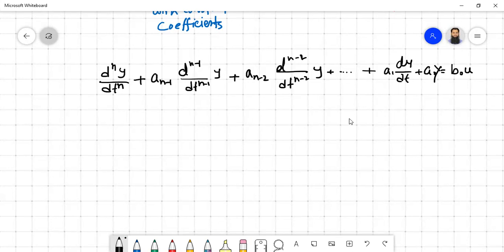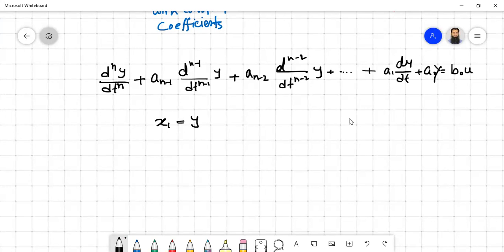So basically what we are going to do is x1 will basically output y. And this particular choice is known as phase variable choice. Okay, and what about the others? Others will be the derivative of the previous one.